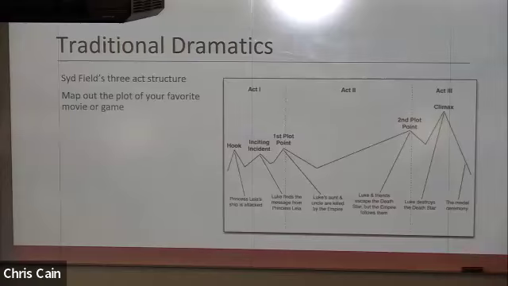So what I would like people to do is think about the plot of a movie or a game. Think about a game, find something that is reasonably story-driven. Because this is a game design class, see if you can map the structure of the plot of a game that you have played onto either a 5-act structure or a 3-act structure. And if it doesn't adhere to that, kind of draw out the tension in the plot and see if it adheres to some different kind of structure.